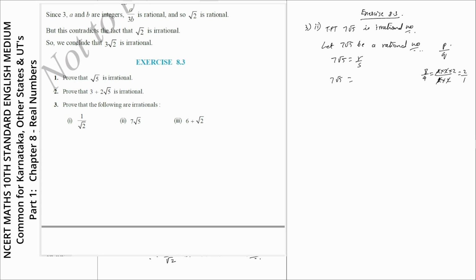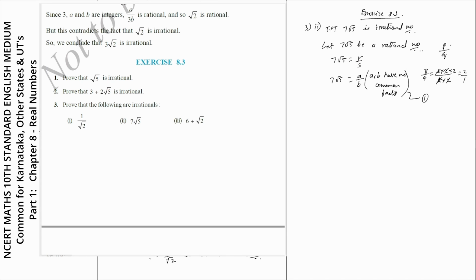If I cancel the common factors, I am left with a by b, and a by b has no common factor because I have cancelled the common factors. I'll mark this as 1.